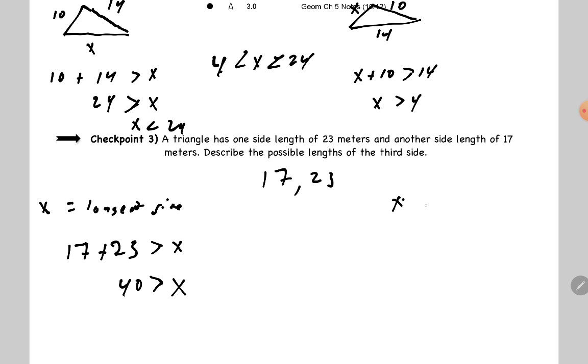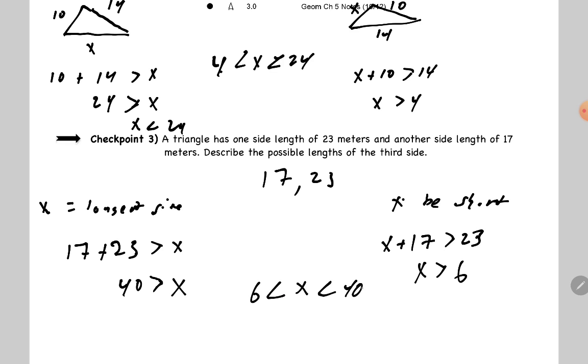Or we want X to be the short side. So X plus 17 is greater than 23. X is greater than 6. So X is bigger than 6, but less than 40.